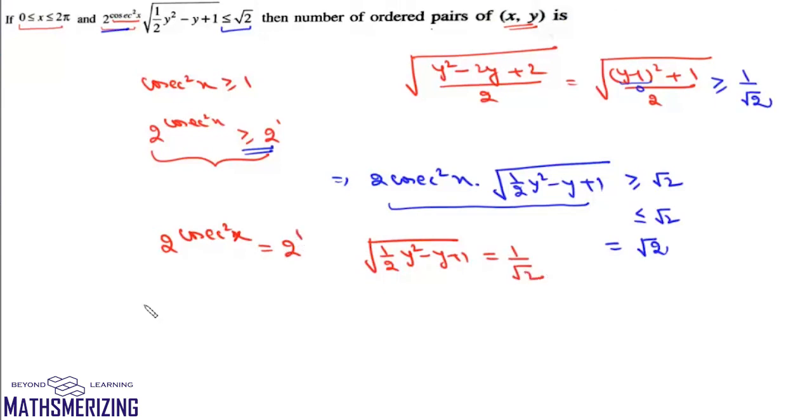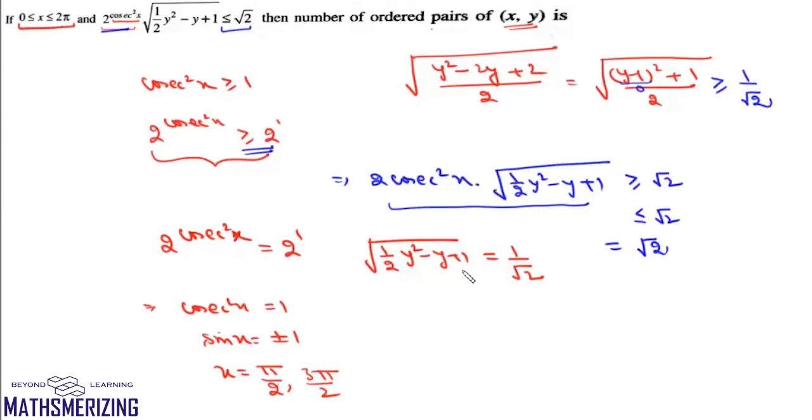So from here we'll say the value of cosec square x should be 1, that is sin x should be plus or minus 1. So from here we'll get two values of x. Either the value of x is pi by 2 or 3 pi by 2, because it is given that the value of x should lie between 0 to 2 pi.